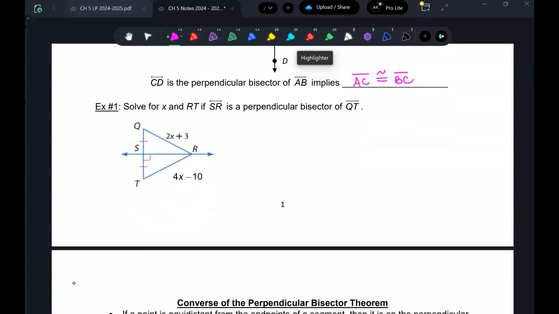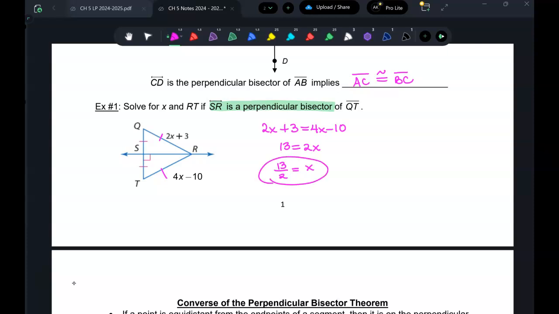Okay, so here we have a picture. RS or SR is the perpendicular bisector. So if SR is the perpendicular bisector, then these two segments have to be congruent. So we have 2x plus 3 equals 4x minus 10. This was a yucky number, we'll just write 13 over 2 is x.